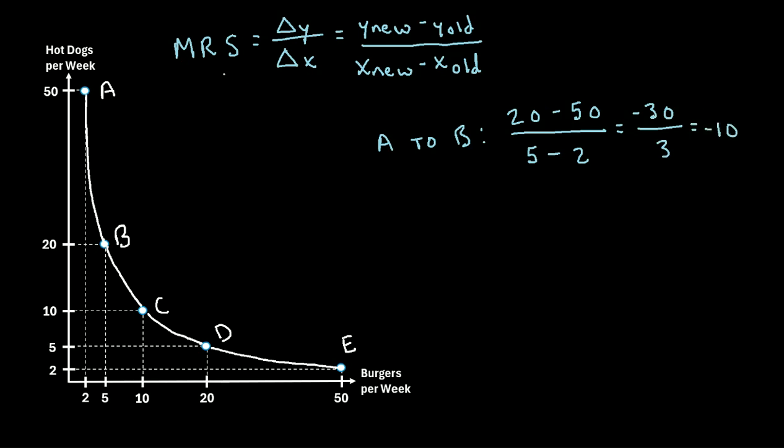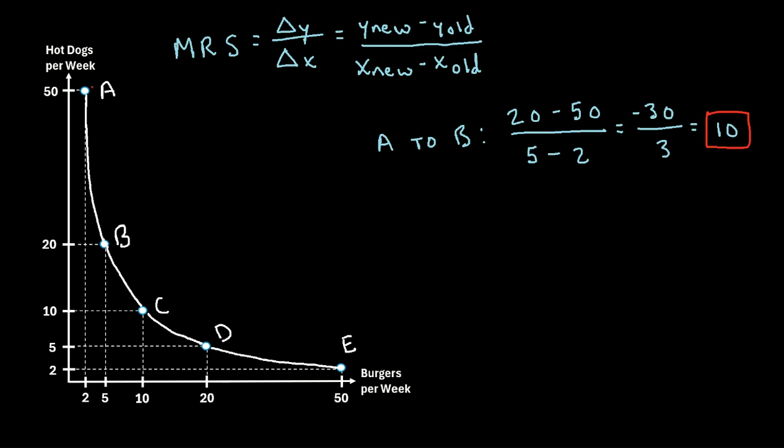Now typically when we talk about the marginal rate of substitution, we use an absolute value sign to force this value to be positive, just so that it's easier to interpret. So instead of negative 10, the absolute value of negative 10 is positive 10. So let's just take away that negative sign right there. So we'll say moving from point A to point B, the marginal rate of substitution is 10. So what does that actually mean?